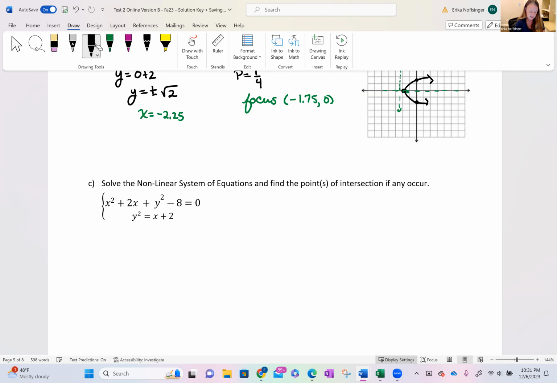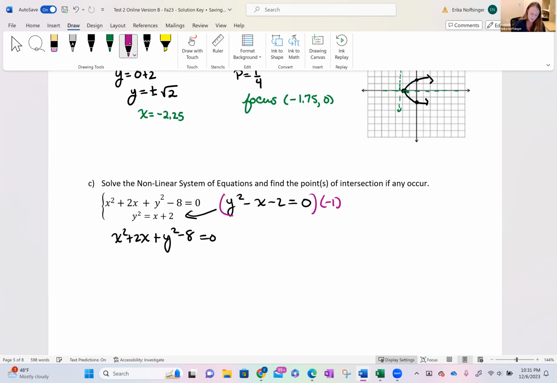So first equation, I'm going to have x squared plus 2x plus y squared minus 8 equals 0. This other one, I'm going to have y squared minus x minus 2 equals 0. But I'm going to want to add the equations together and get rid of that y squared value. And so let's multiply this through by -1 and put that underneath.